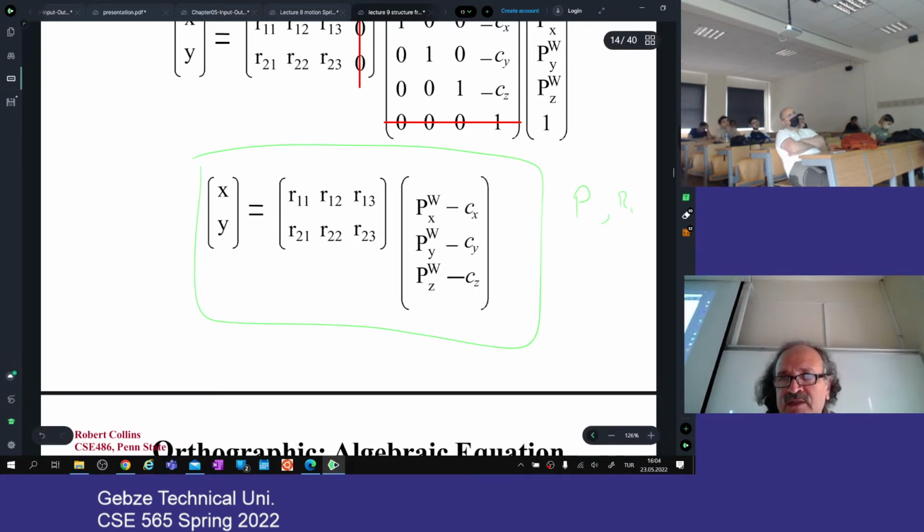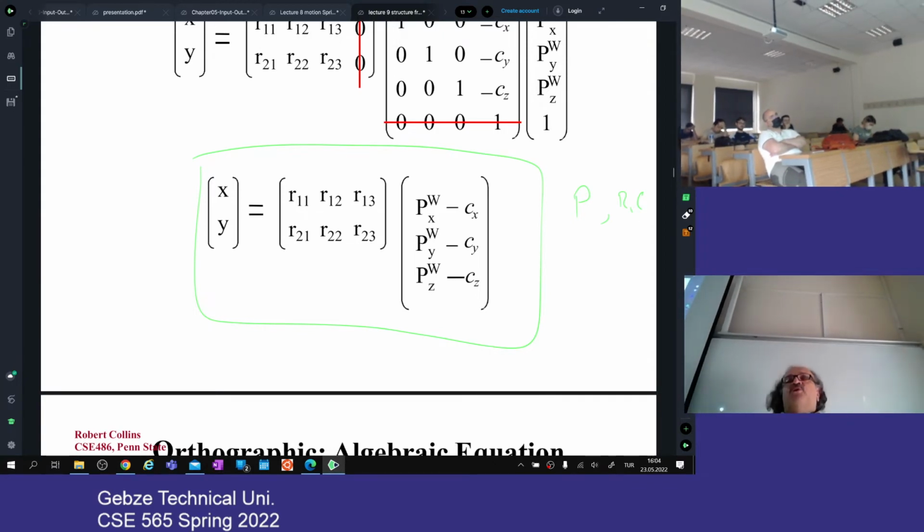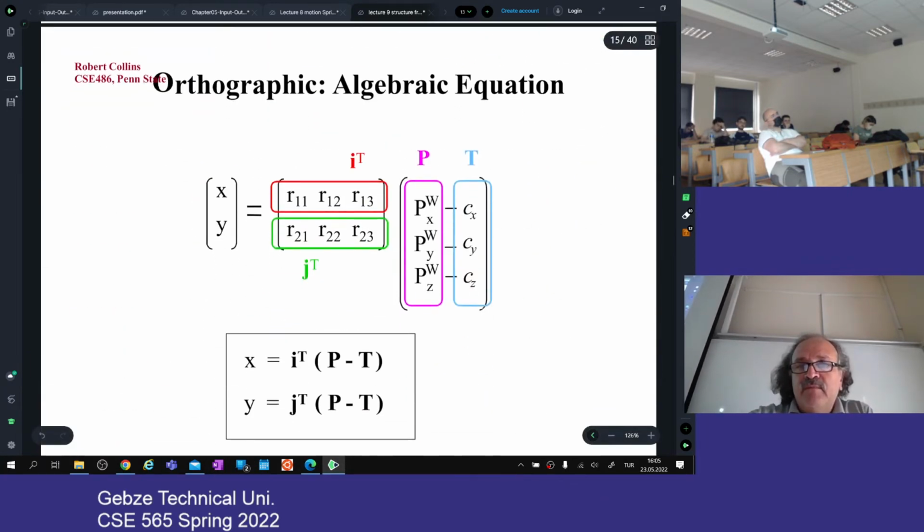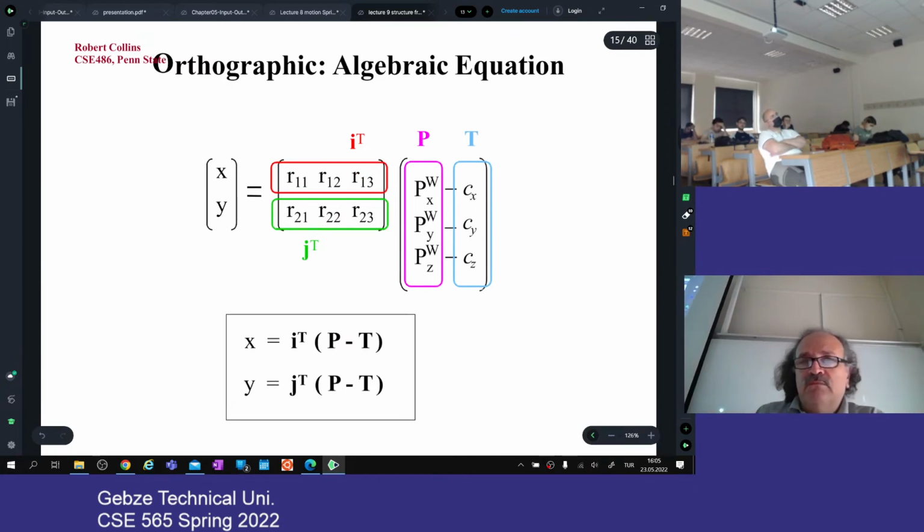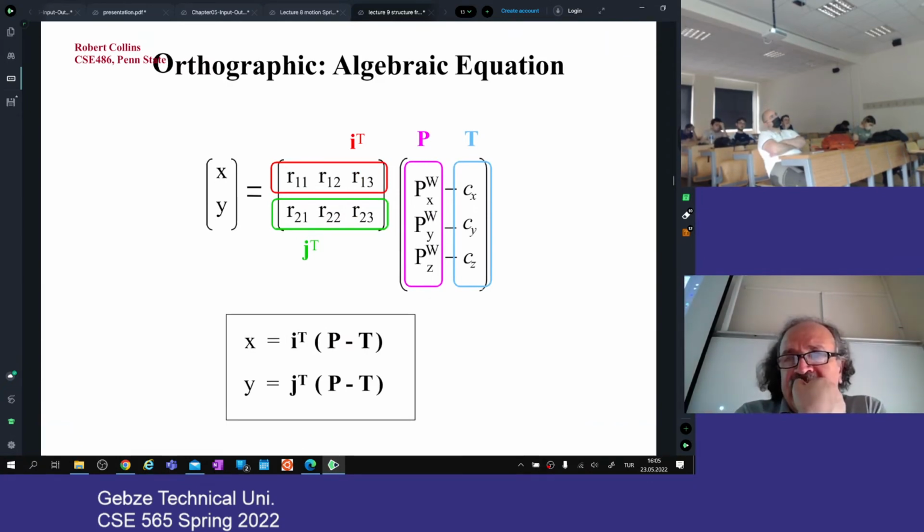On a given image, I have many points. So from each point, I will have 3 unknowns more, but the camera parameters will stay the same for a given image only. Let's write these equations in a more compact way.